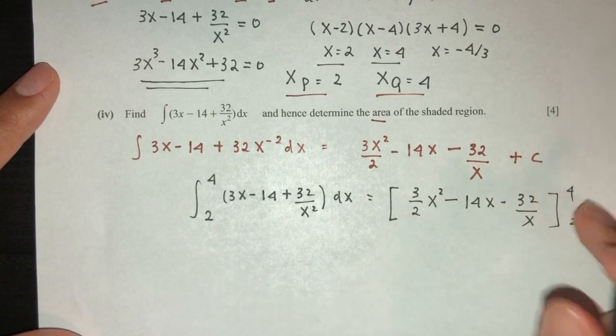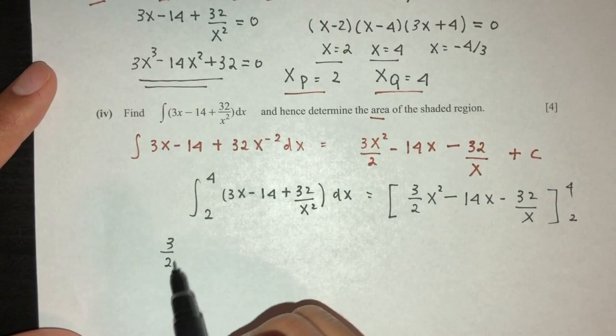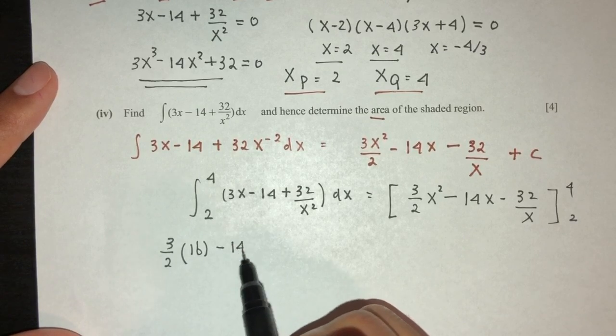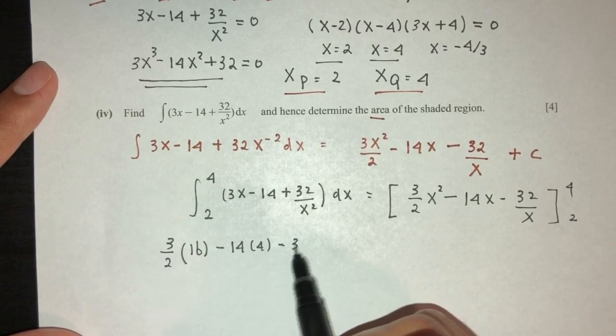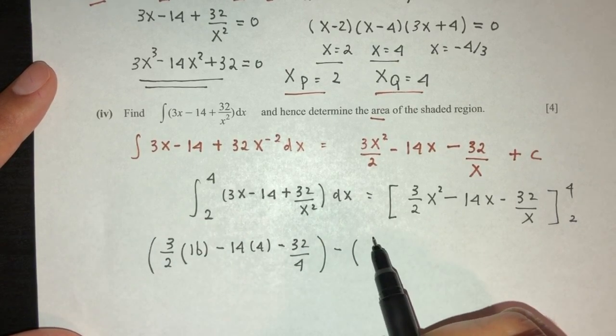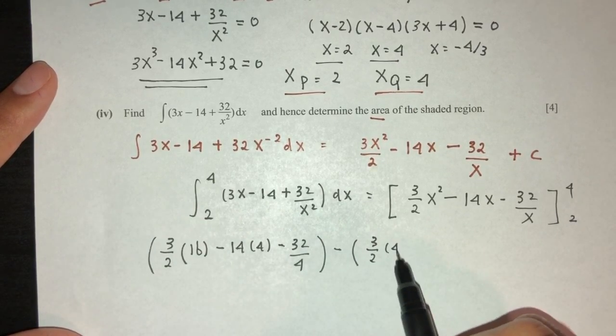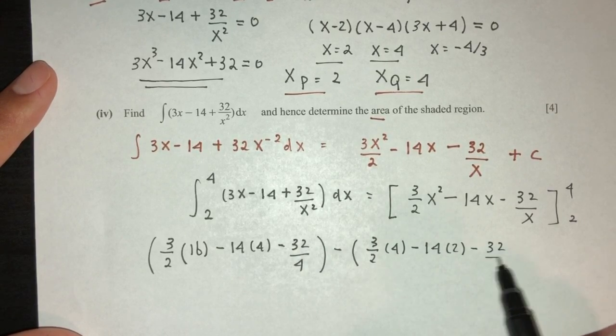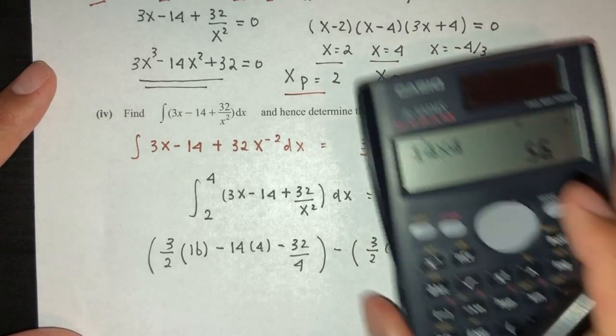Now one by one, so for 4 we have to do 3 over 2 times 4 squared, which is 16, minus 14 times 4, minus 32 over 4. Minus 3 over 2 times 2 squared, minus 14 times 2, minus 32 over 2. Simplify.